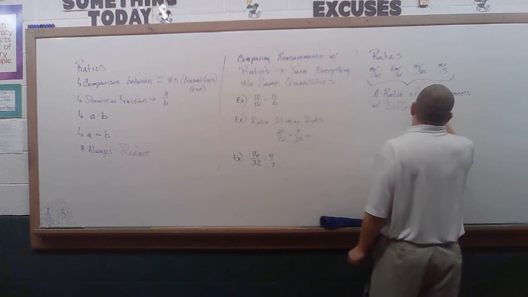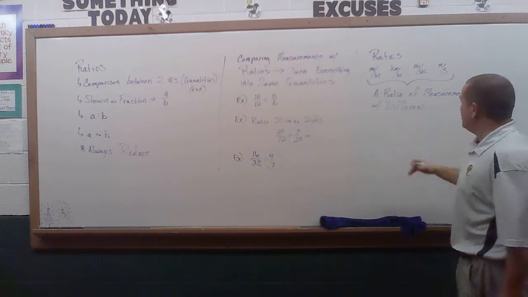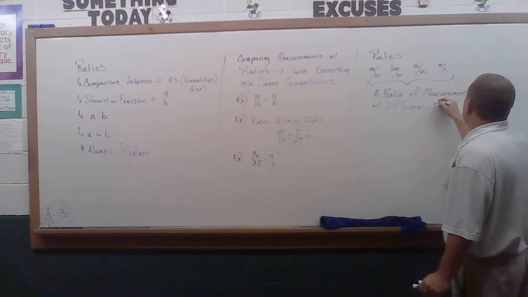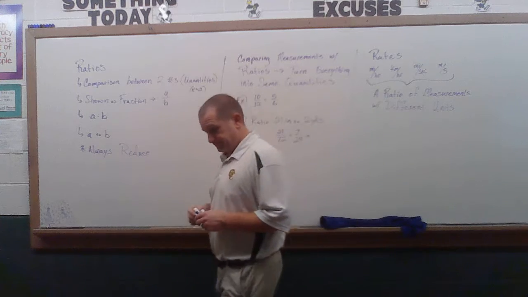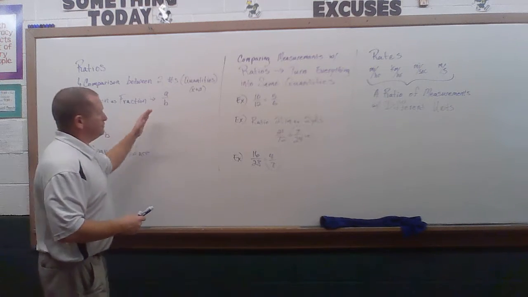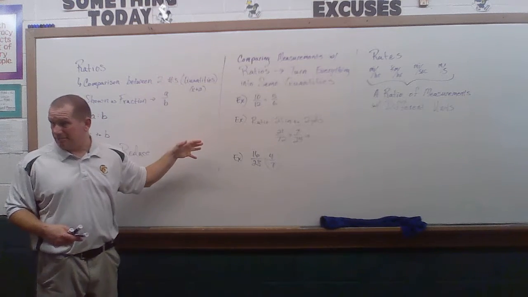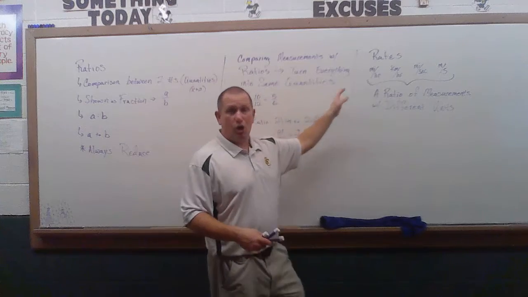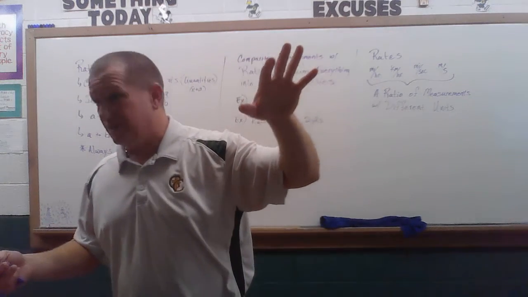So in the first part, we were talking about ratios and converting them all into the same thing so we could compare them. Now we're going to look at them with different units. And this is where we get a rate. So anytime you hear a ratio needs to be consistent, meaning it has to be the same on the top and the bottom. When it's a rate, you're automatically going to be comparing, in a sense, two different things, okay?